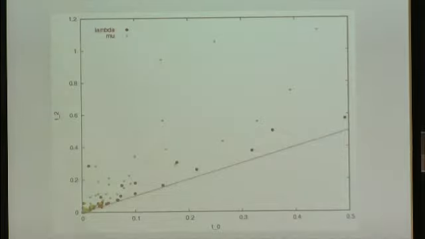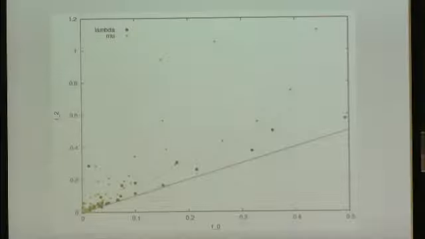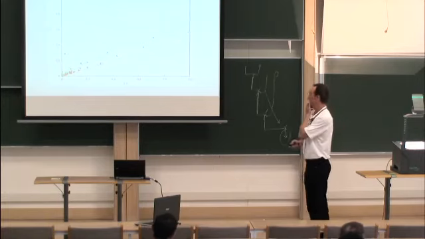So here's our first result. As I already said, the method is very similar to that of Ni et al. So here's us versus them. Us is on the horizontal axis and them is on the vertical axis. What this plot shows is the absolute estimation error. There are 48 black dots and 48 green dots. The black dots are for the lambda estimates and the green dots are for the mu estimates. This indicates how far off you are, averaged over the 200 trees for each of these 48 cases.